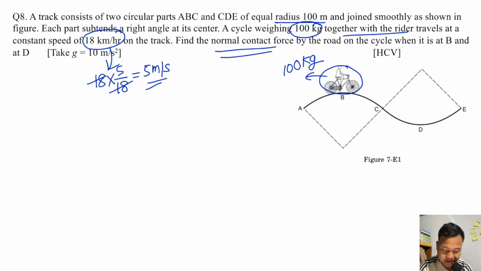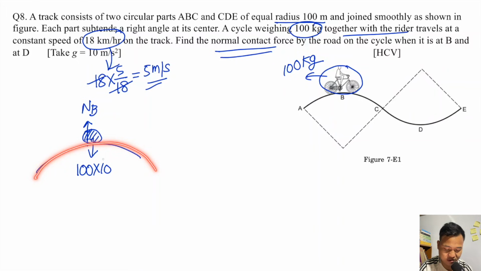Let's take B first. The cycle's weight is downwards, 100 into 10, so 1000 newton downwards, and the normal force is NB. Since the path is circular, the centrifugal force is in the outward direction, mv square divided by r.